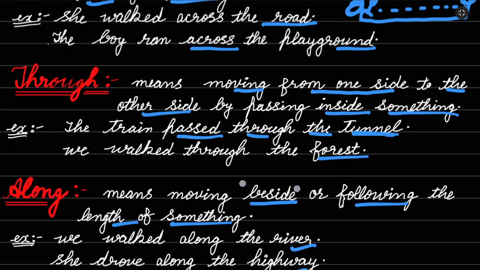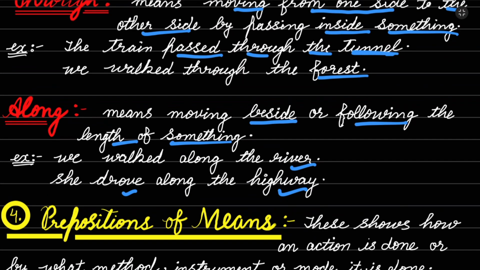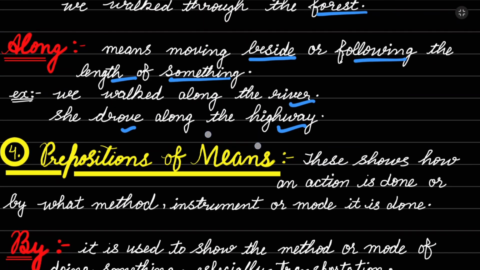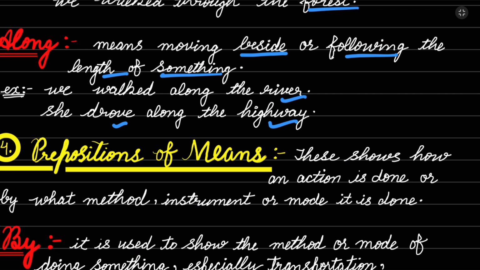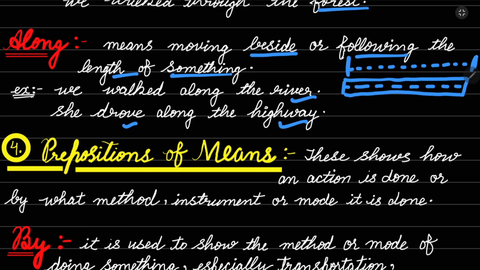Now, okay, what is the difference between across, through and along? So along means in a parallel line. For example, this is a river and here is the path. So if we go along this path, it means we are walking or running parallel to this river. So here we use along.